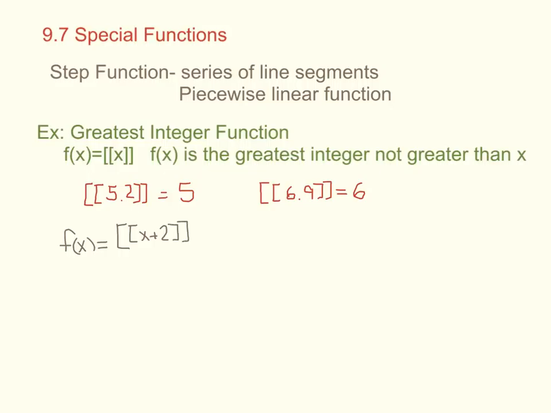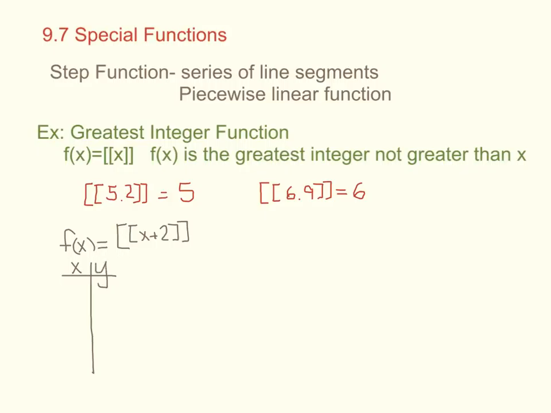I'm going to pick just a bunch of numbers, and we are going to plug these in. You could pick all whole numbers. I'm going to pick some decimals because it's going to make it a whole lot easier for you to see the steps.